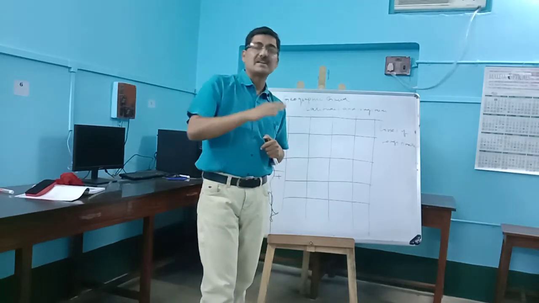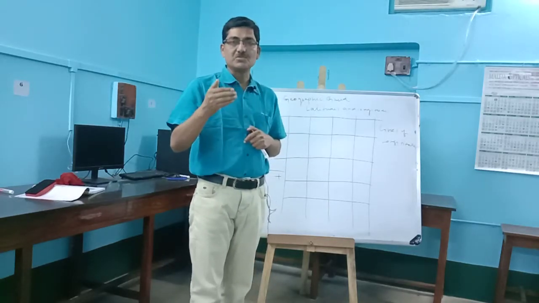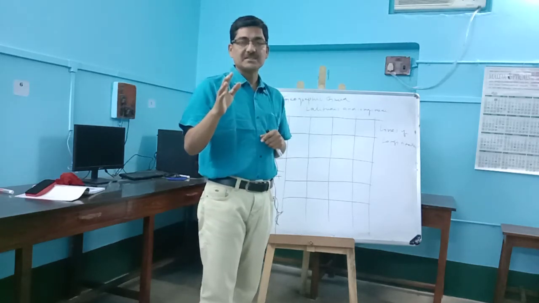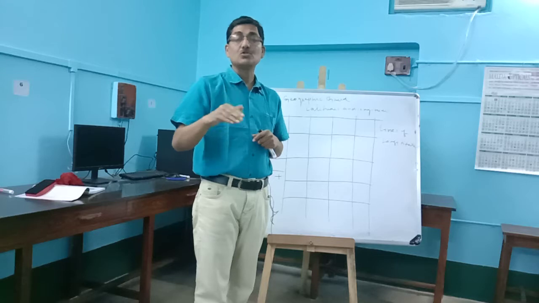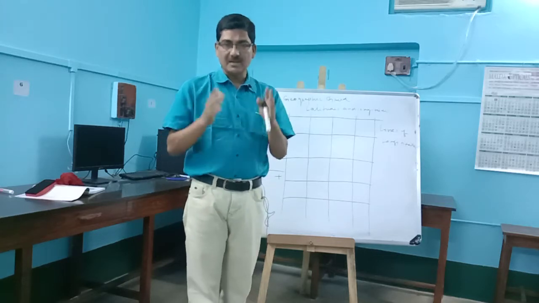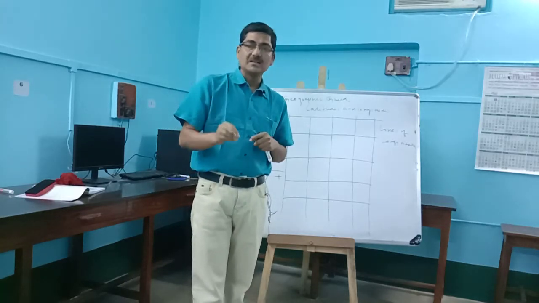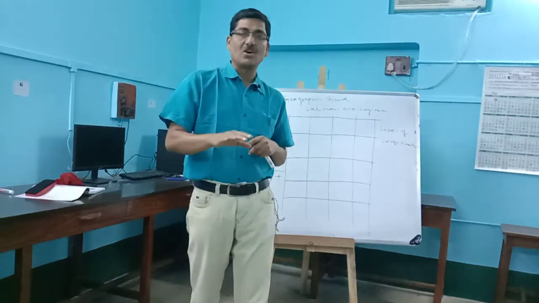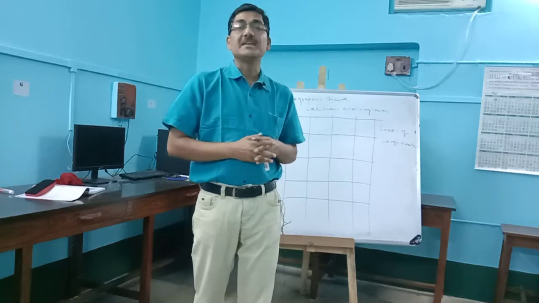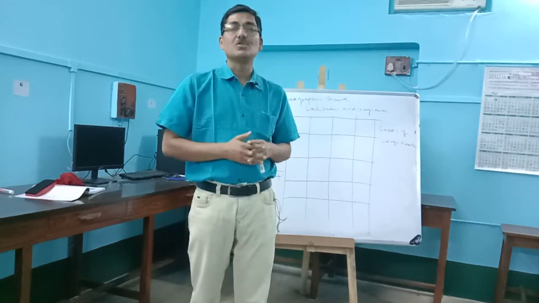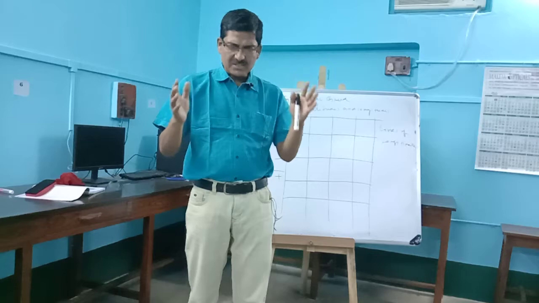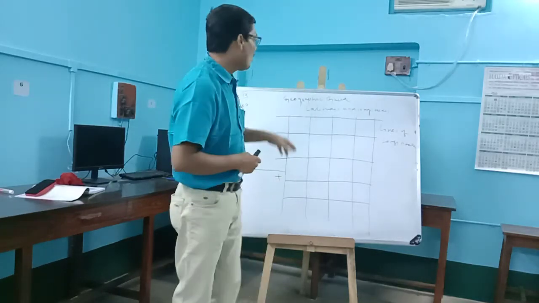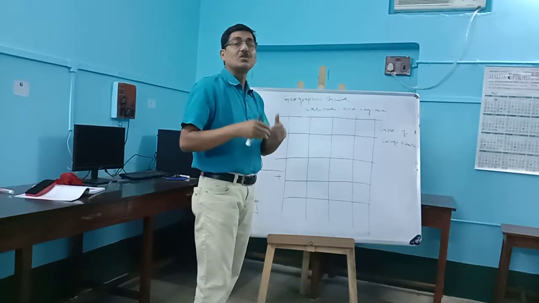In other words, we can say the lines of latitudes are the angular distance of a place to the north and south of the equator. This is how we can define the lines of latitudes.